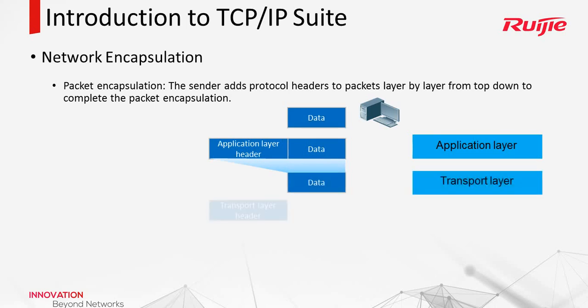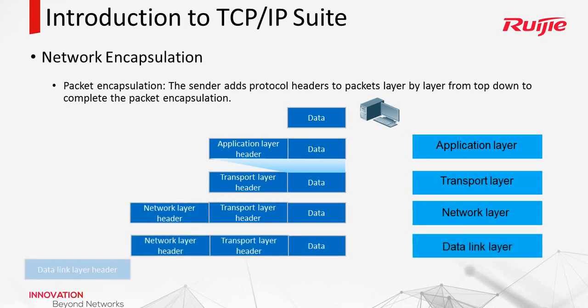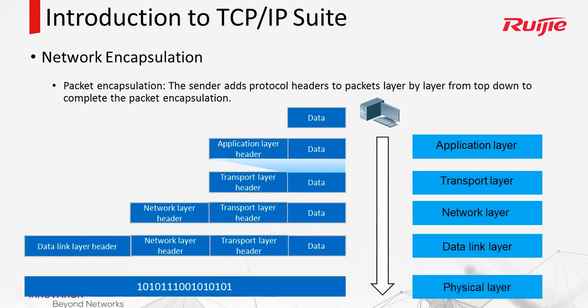After, it will be sent to the transport layer and add a transport layer header. Then to the network layer, add a network layer header. After that, add a data link layer header, and at last, it will be sent to the physical layer, and you will see a lot of values 1 and 0. That is, we call it bits, because this is a binary model, okay? So it will follow this process to encapsulate the data.